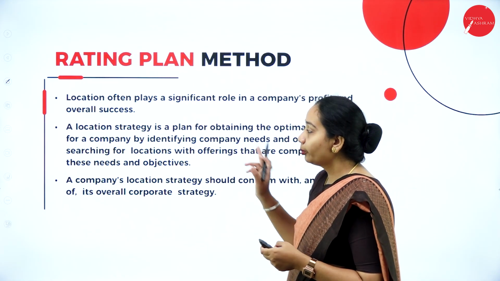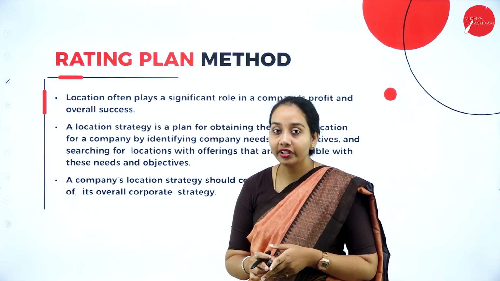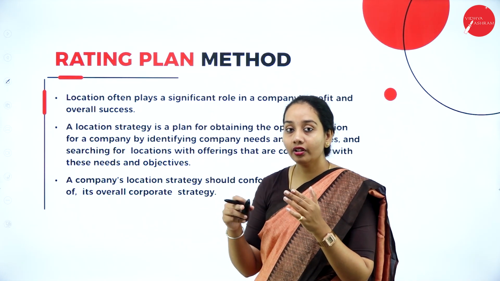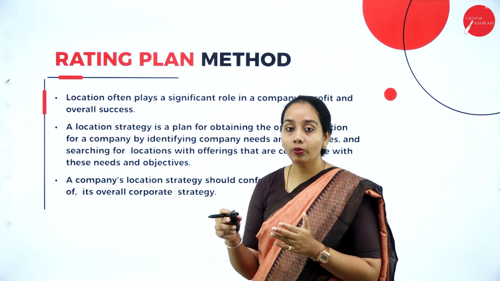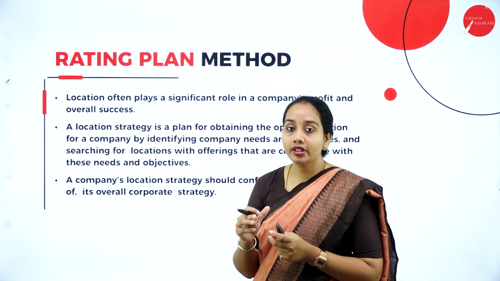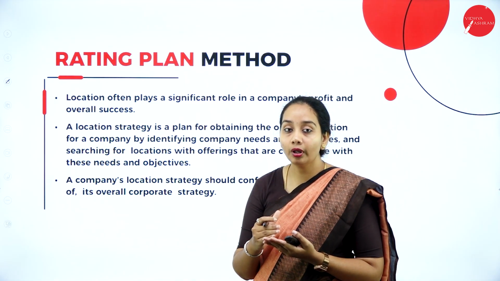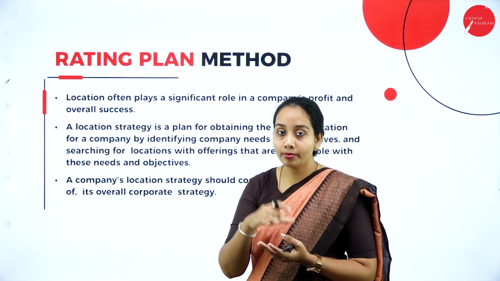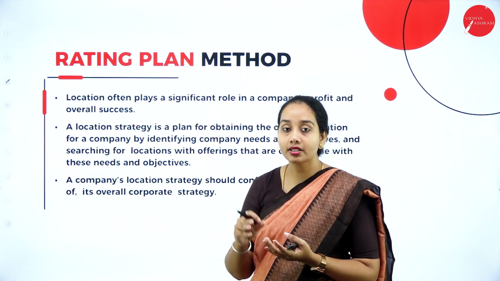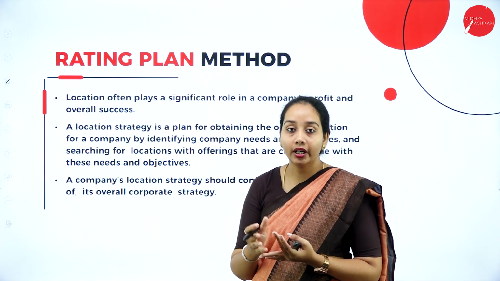Next is about the rating plan method. As the name itself tells, you are going to give a rating to the different locations you have selected. It is about how we give a percentage of rating to each location. Say for example, we have mapped out 3 locations: Mysore, Mandya and Bangalore.